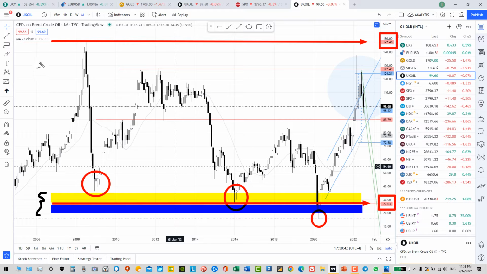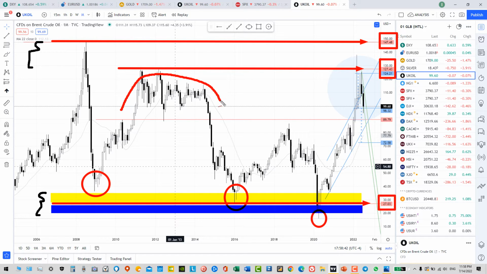The same applies to the resistance. If we take into consideration this level of $127, which formed a giant long-term peak around it or just below it, I may consider this zone of $20 thickness, maybe a little bit more, a very negative, bearish zone with sellers accumulating around that range.